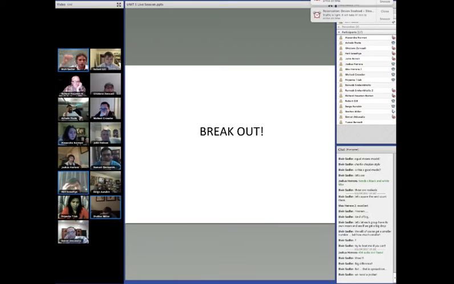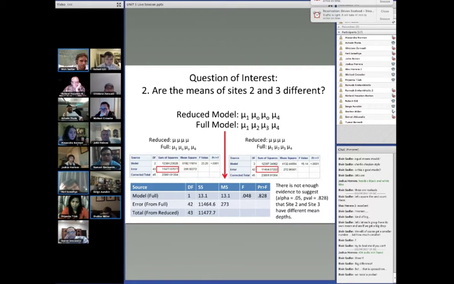So if you've been thinking about it, here is the solution to that breakout. Here is the solution for if you were testing if sites 2 and 3 are different. I want to include 1 and 4 in the model. Why? Not because I give a flip about their means. I'm not testing the 1 and 4 means. I don't care about that.